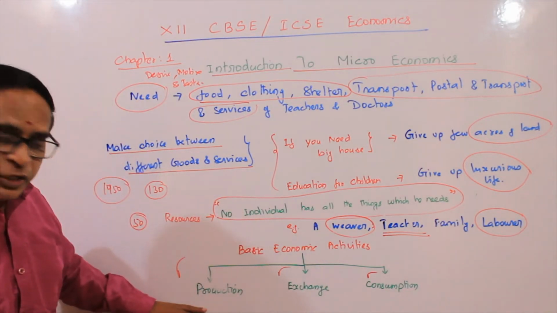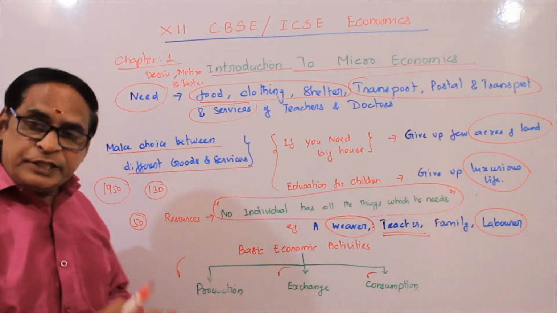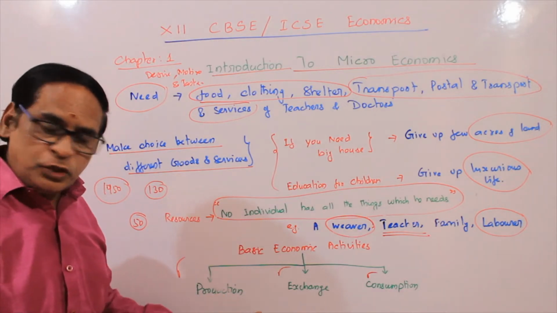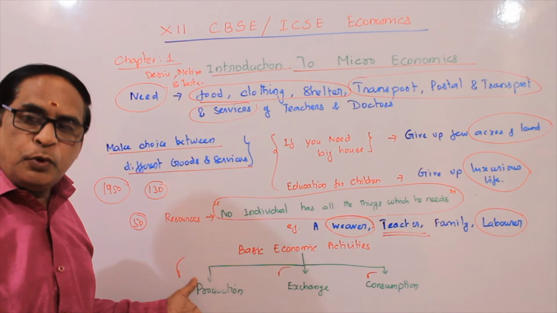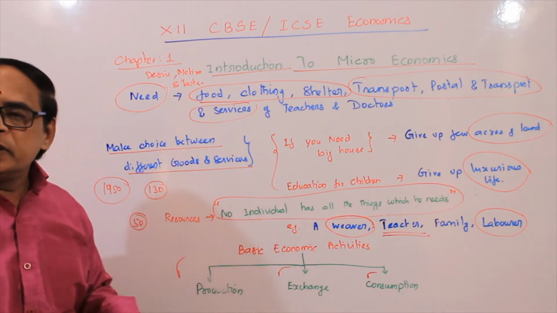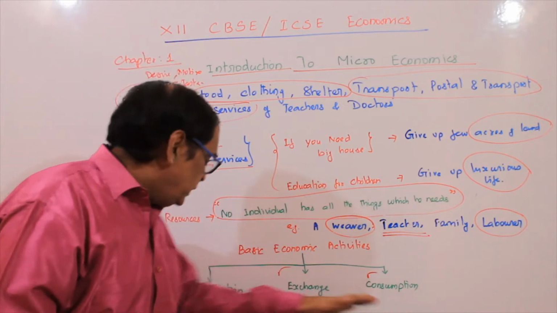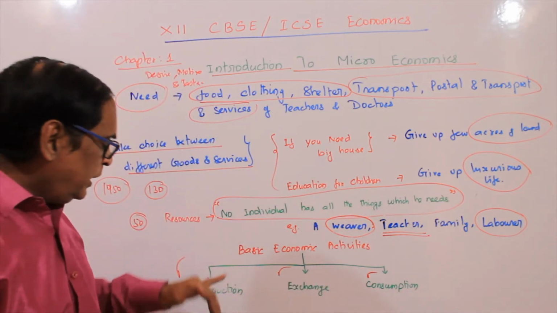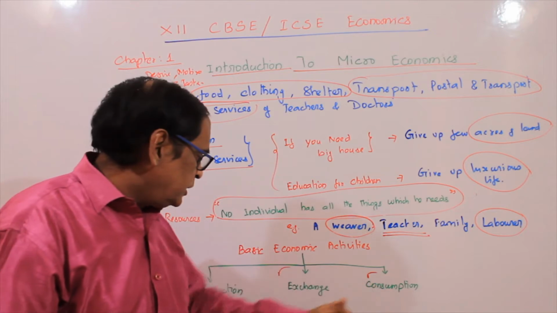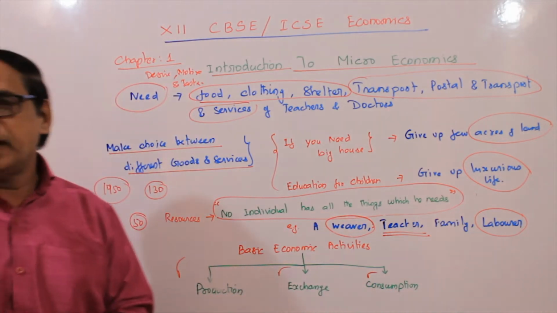Then the production should be exchanged and distributed among the consumers in an equitable manner, and then it has to be consumed by the general public. So these three activities, production, exchange and consumption, are the three basic economic activities.